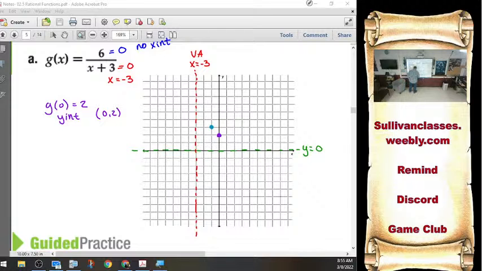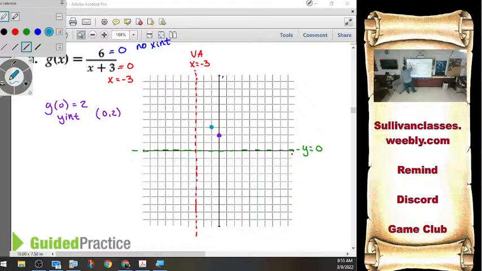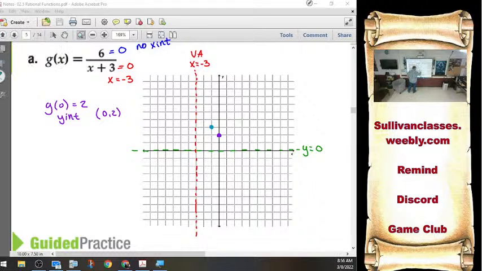So, I'm going to make a couple more points. 6 divided by 1 is 6. 6 divided by 6 is 1.